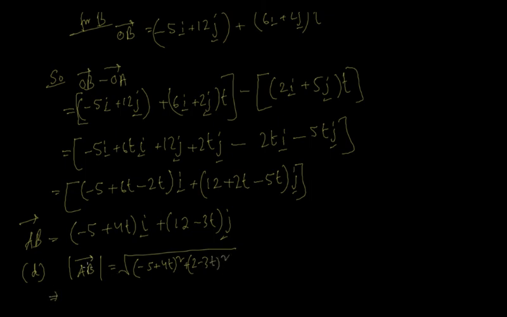So I can write this absolute value of AB is going to be d. If I send the square root to the other side, it will be d squared. So d squared will be minus 5 plus 4t whole squared, a minus b whole squared. Let me write it like this now, 4t minus 5 for convenience, and this would be 2 minus 3t whole squared.